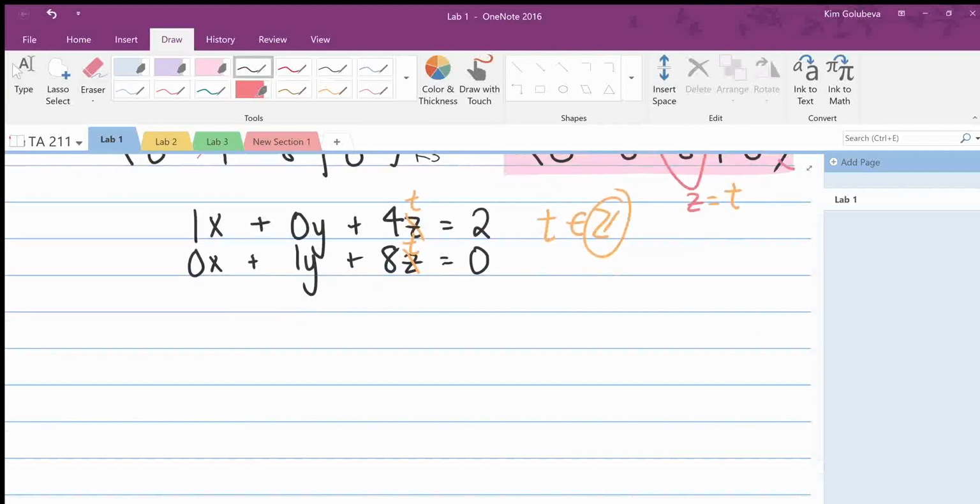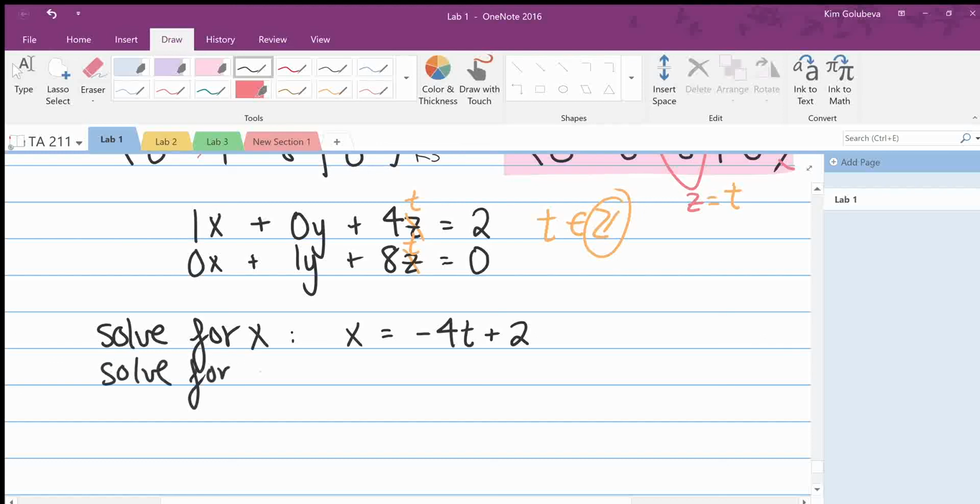So if we solve for x, we're going to get x equals negative 4t plus 2. And if we solve for y, we're going to get y equals negative 8t. Okay?